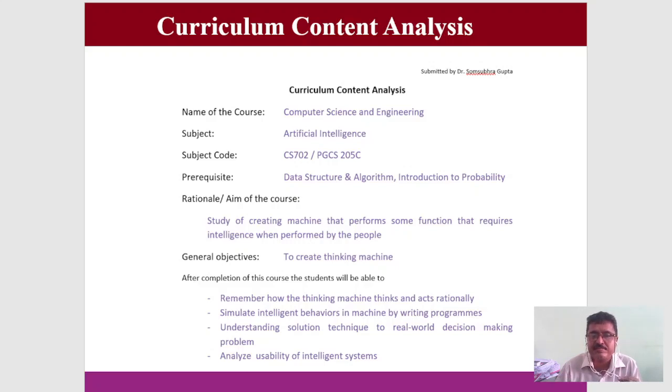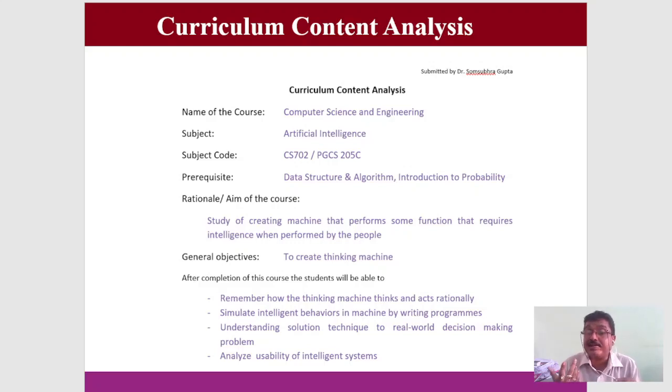There is a very easy definition also, and when we deal with curriculum content analysis, the main purpose of this session is pedagogy, so reach out to as many minds as possible. So we have to make the thing easily understandable by the audience, say school level or college level, whatever.